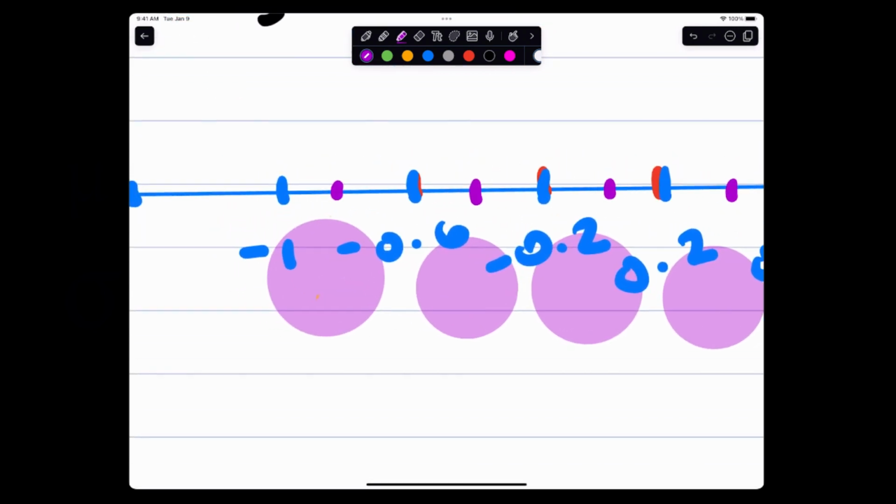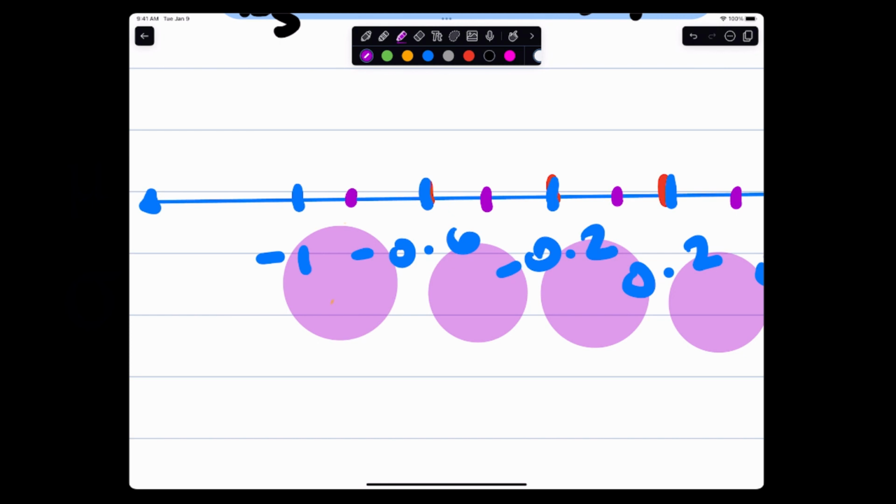So what's midway between -1 and -0.6? You guys know? That's negative point what? I think it's -0.8. You say, how do I know that's -0.8?